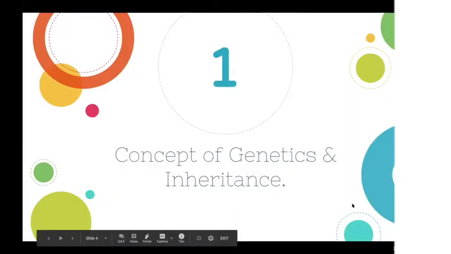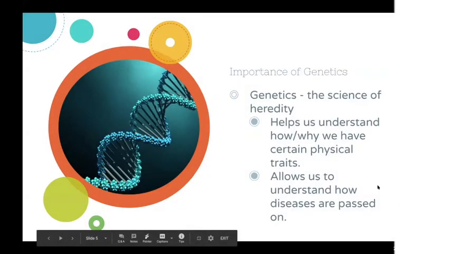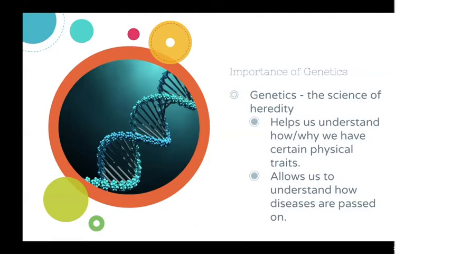All right, so we're here on our first section, the concept of genetics and inheritance. So, importance of genetics. Genetics is the science of heredity, which is just about us learning about how parents pass on genes and traits to the children.